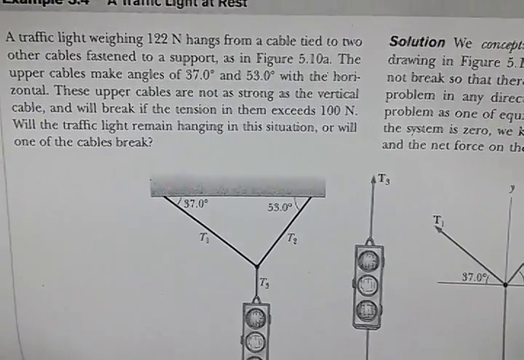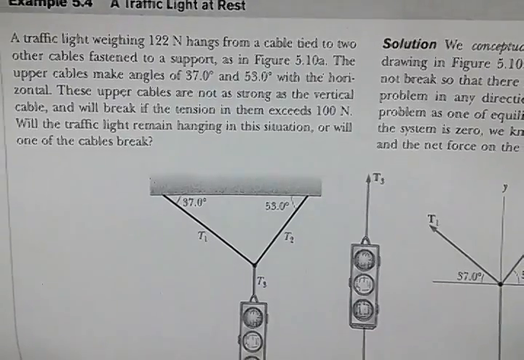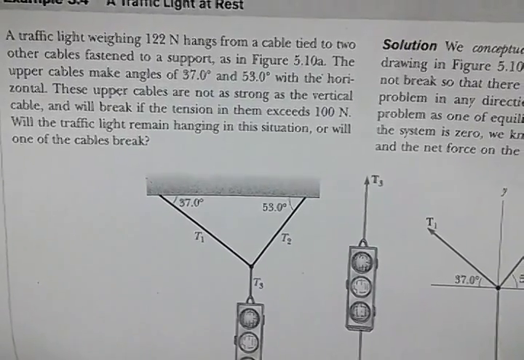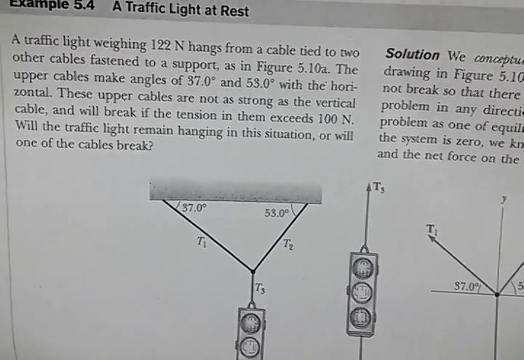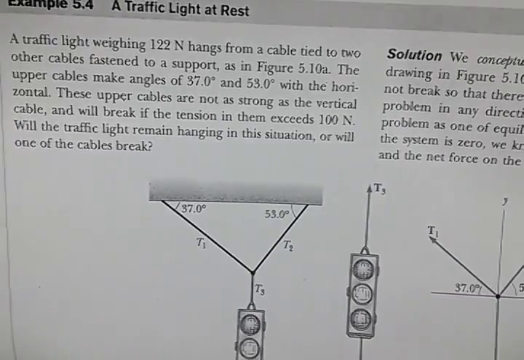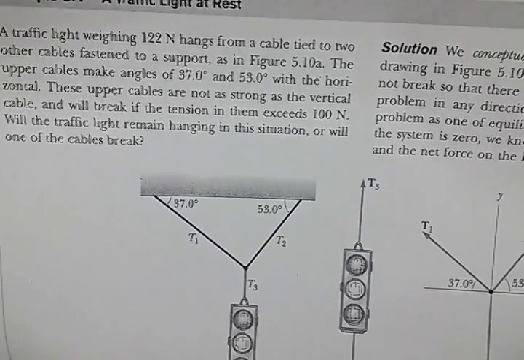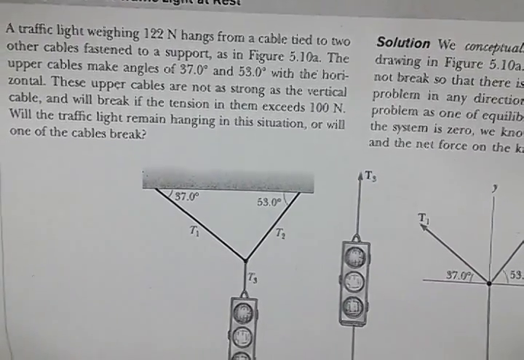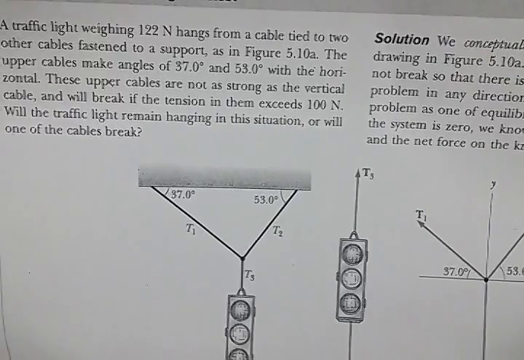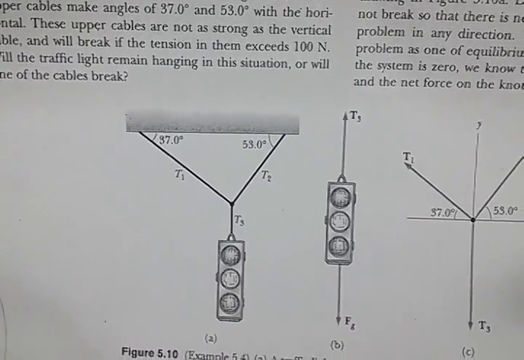The upper cables make angles of 37 degrees and 53 degrees with the horizontal. These upper cables are not as strong as the vertical cable and will break if the tension in them exceeds 100 newtons. Will the traffic light remain hanging in this situation, or will one of the cables break?